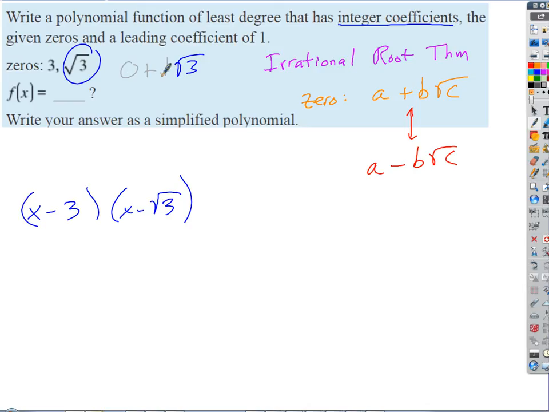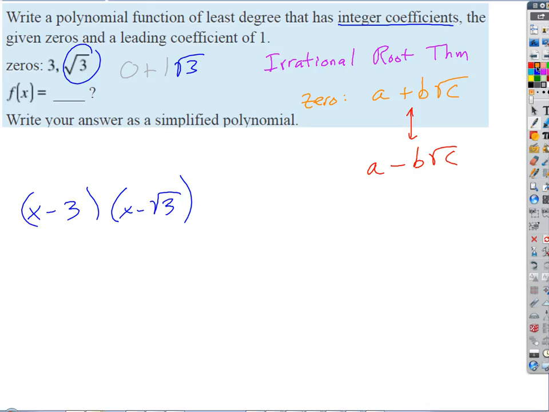Would you agree that 0 plus 1 times the square root of 3 is exactly the same thing as the square root of 3? Now, we don't have to write it that way. That's fine. But when we want to find out what the conjugate partner is for this factor, we have to think of it at least for a moment in this form. So if one of them is a plus b times the square root of c, the other one has got to be a minus b times the square root of c.